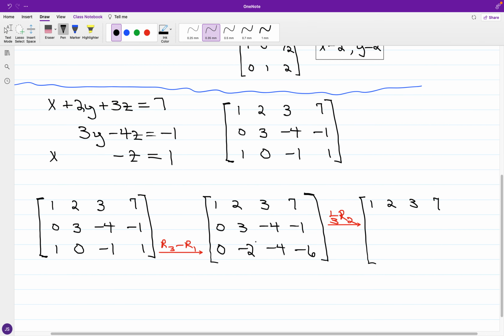So we have 1, 2, 3, 7. One third of the second row gives 0, 1, -4/3, and 1/3 of -1 is -1/3.